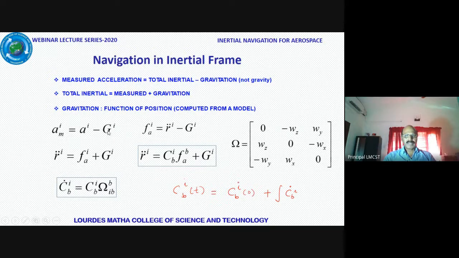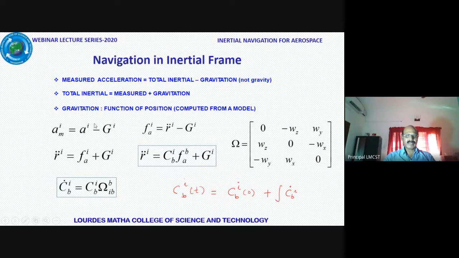Now the same thing is rewritten in a different way here. This measured, who measures it? Accelerometer measures it. And what do we call that? Measurable acceleration is called specific force. So people use the symbol F, specific force, measured by the accelerometer in the inertial frame.